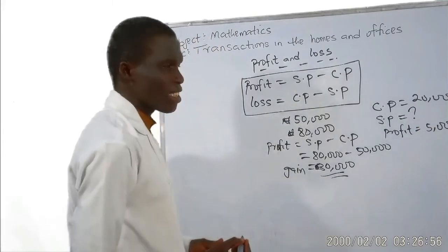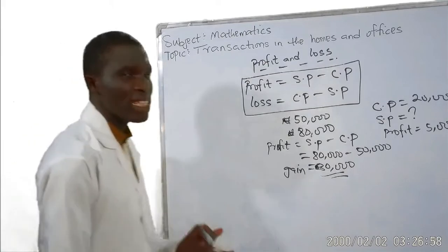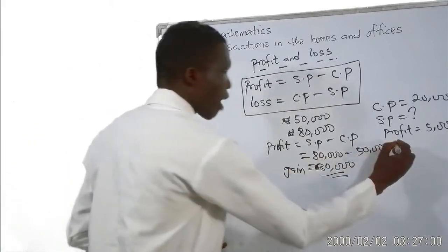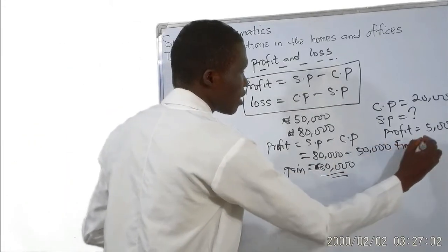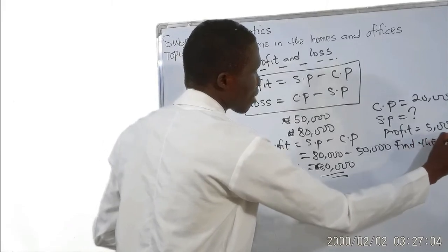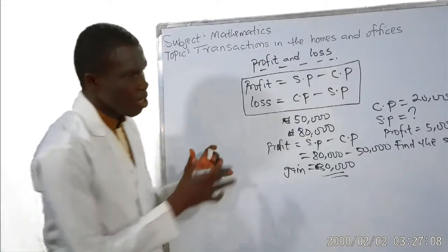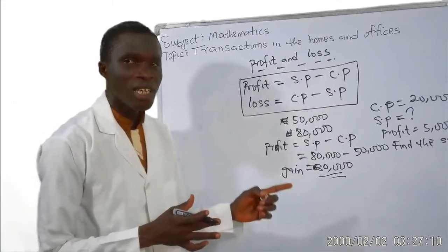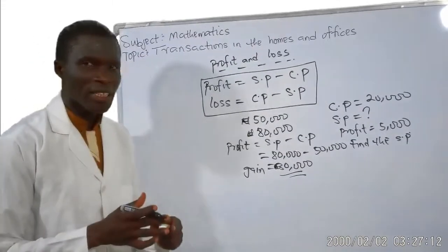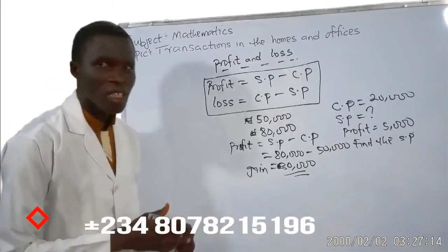The question now is, what will be our selling price? Find the selling price. I'm just giving you the sketch because by the time I enter the first example, you'll be able to understand what this topic is all about.